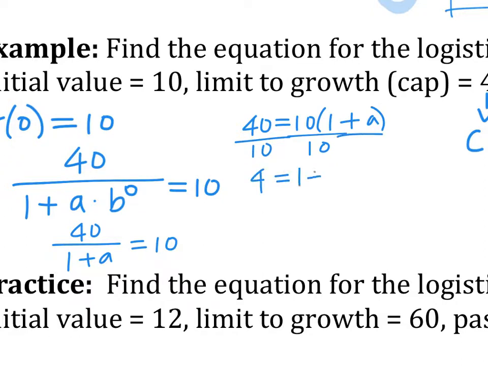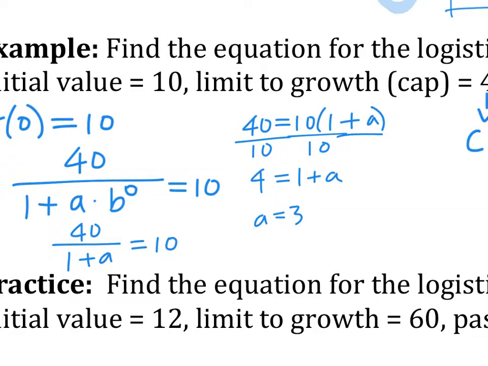So 4 equals 1 plus A, and then the fast way is just to subtract 1 from that point on. You need to know this trick, because later on when we get into really complicated stuff, you really don't want to distribute. When you distribute, you make it twice as hard. Okay, so A is 3.